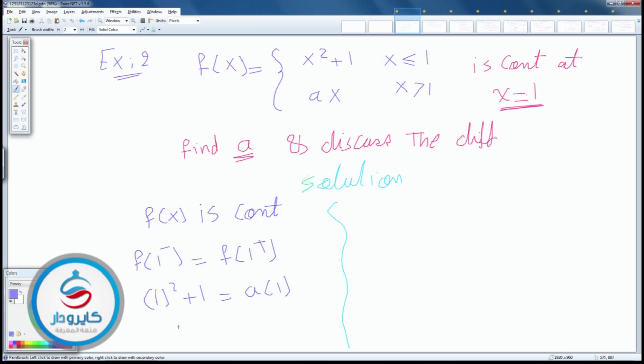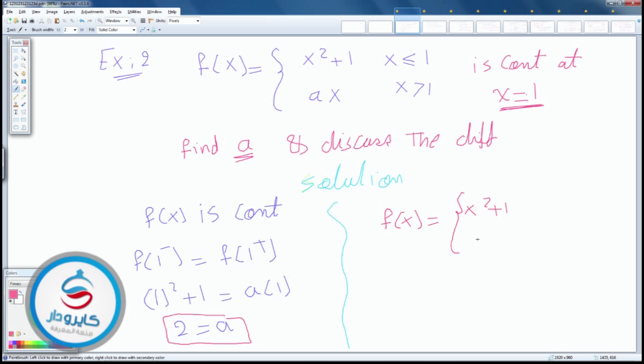It will be 2 equals a, then we get the value of a. So the function now will be f of x equals x squared plus 1 and 2x when x is smaller than or equal 1 and x greater than 1.